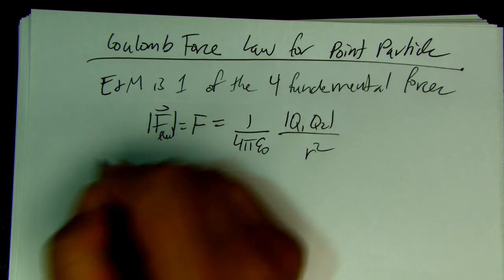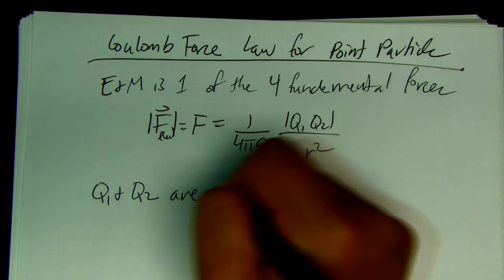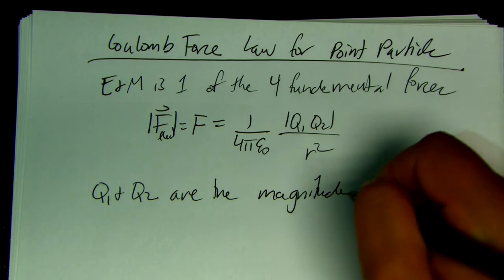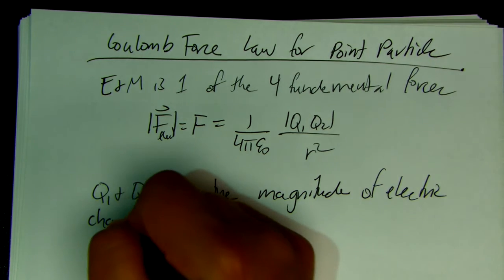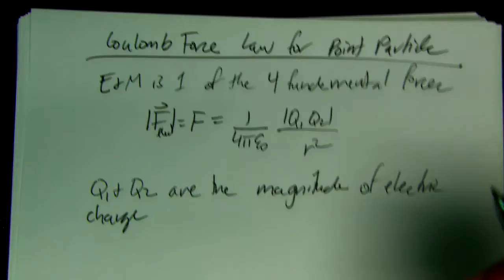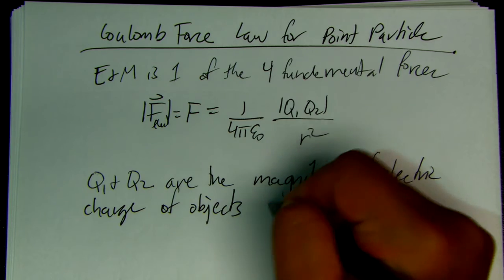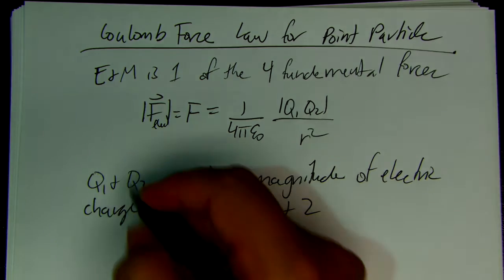So for this equation, Q1 and Q2 are the magnitude of electric charge. So in this case, the sign is not included. And this is for point particles.